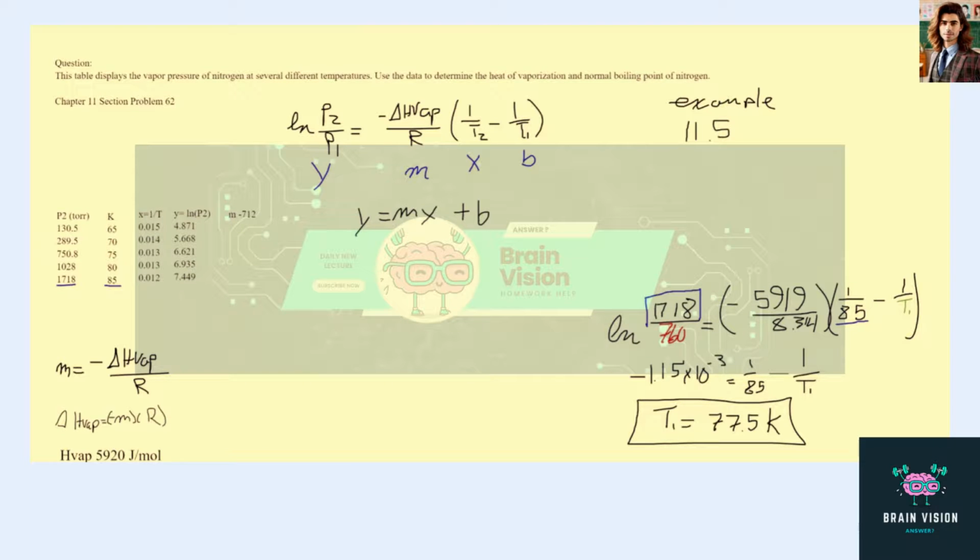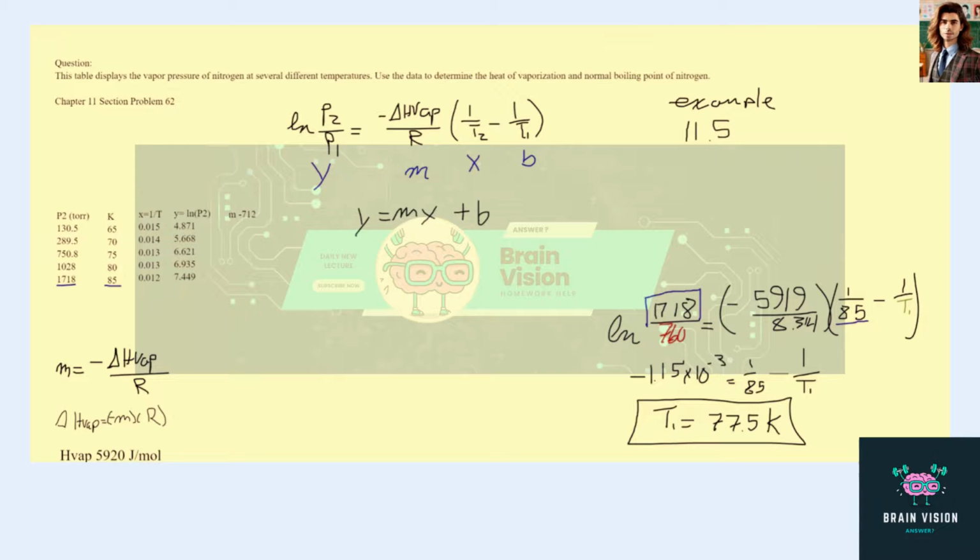That's going to be T1, and P1 is 760 torr, if that's standard pressure. So you need to put 760 in for P1 and 1718 for P2, plug in this number that we just got, and I've chosen T2 to be 85, and then we can solve for T1.